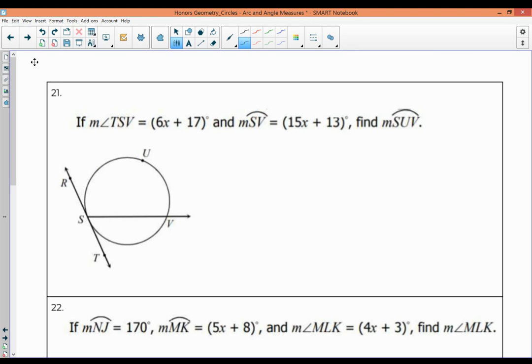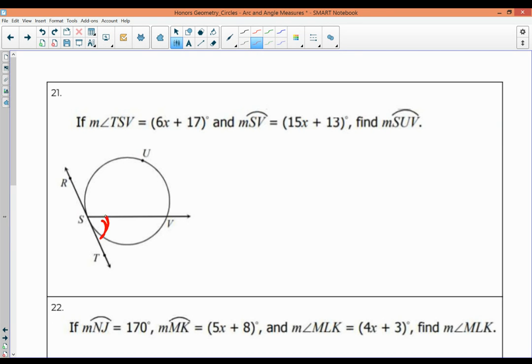The measure of angle TSV equals 6x plus 17. And the measure of arc SV equals 15x plus 13. Find the measure of arc SUV. All right, so let's see what we have.